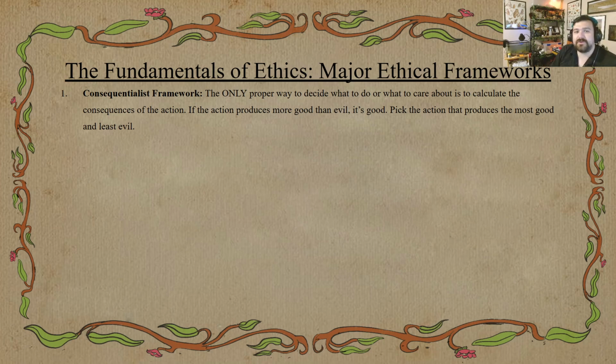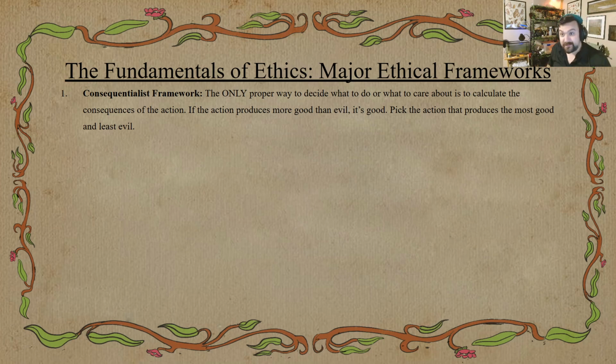Pick the action that produces the most good and the least evil. There's a bunch of different types of consequentialism. There's a lot of different types of goods and evils. Different philosophers are going to disagree on what are good things, what are evil things, right? Some will say there are so many different kinds of good and evil things that we can't make an exhaustive list, right?